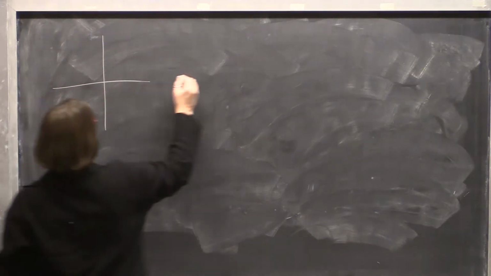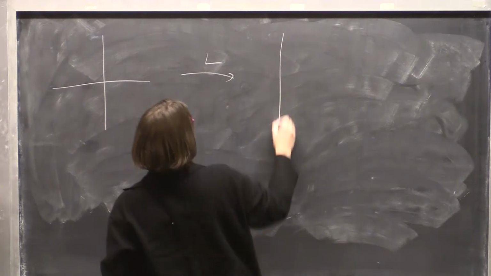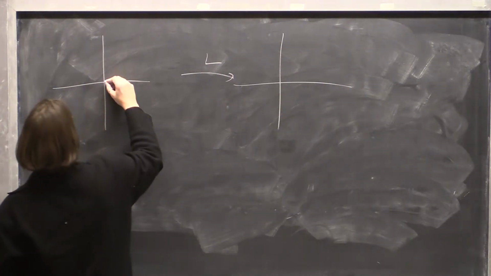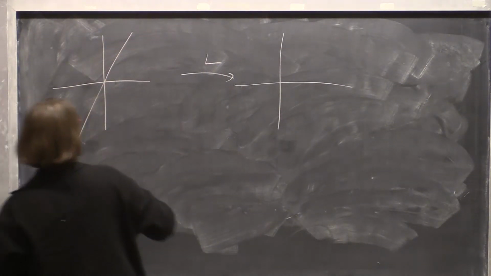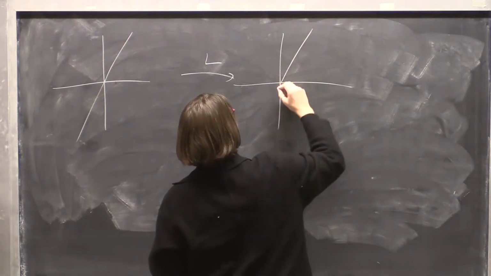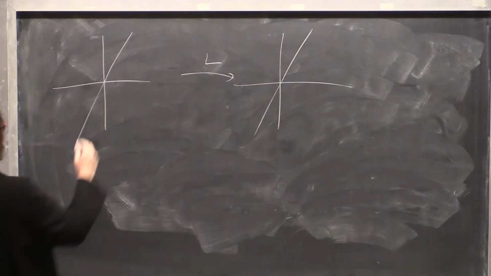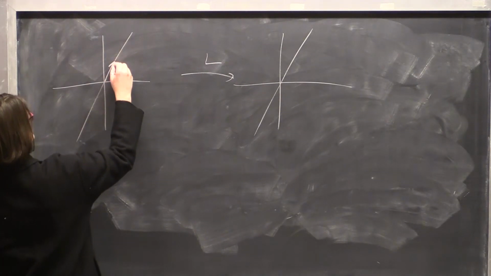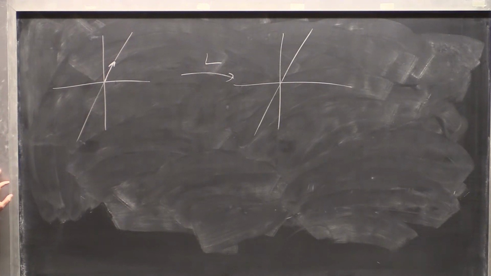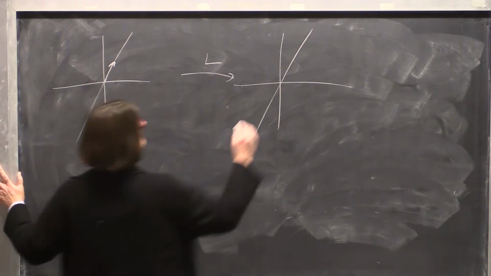Geometrically, we have this line, y equals 2x. If I take the vector (1, 2) and project it onto the line, what do I get? The same thing.